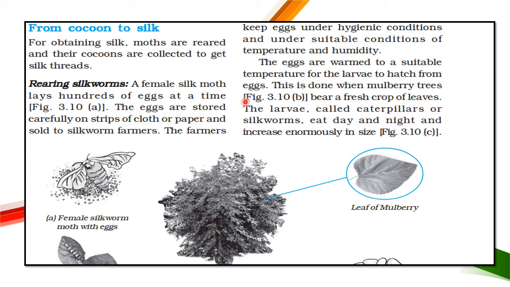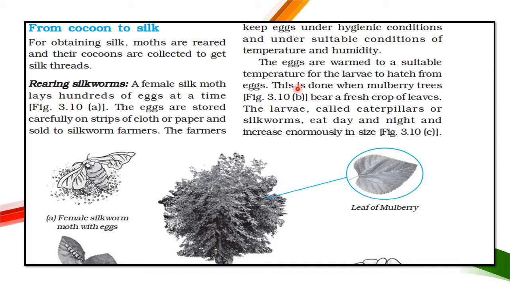The eggs are stored carefully on strips of cloth or paper and sold to silkworm farmers. The farmers keep eggs under hygienic condition and under suitable conditions of temperature and humidity. The eggs are warmed to a suitable temperature for the larva to hatch from eggs.